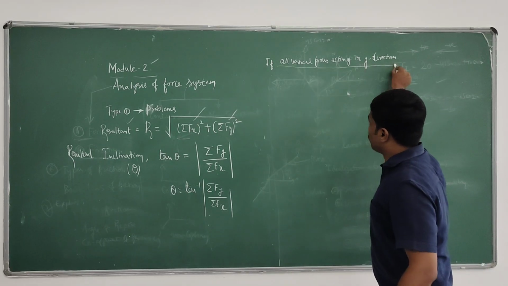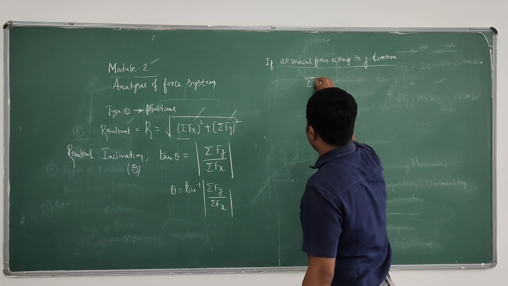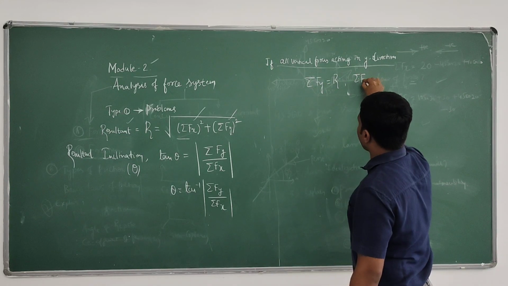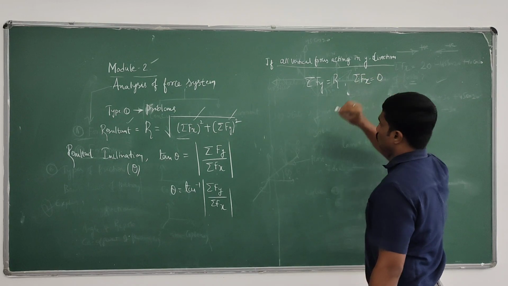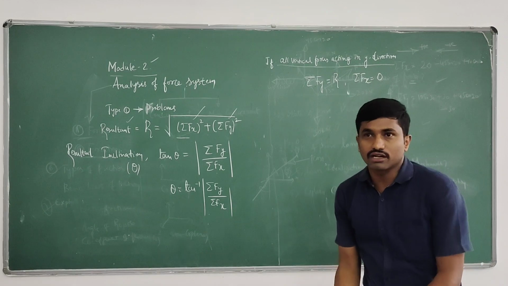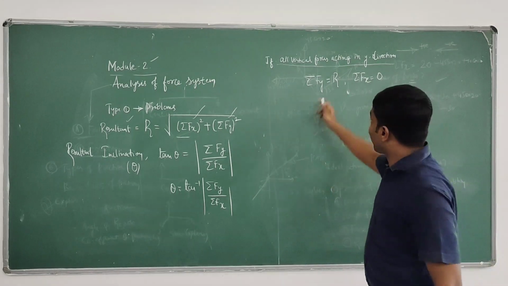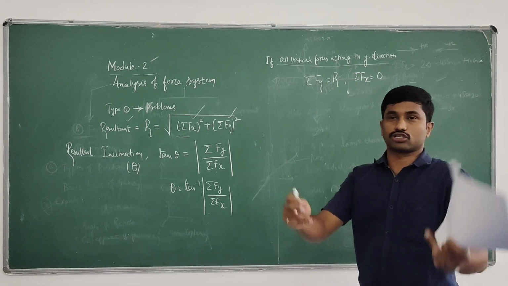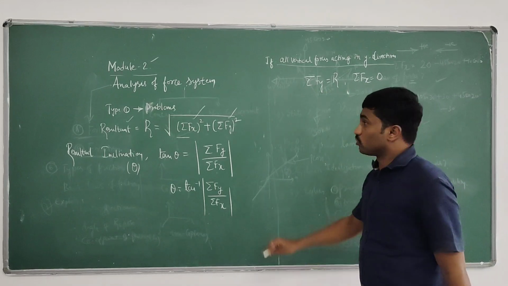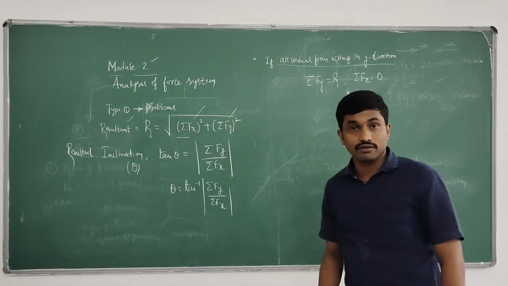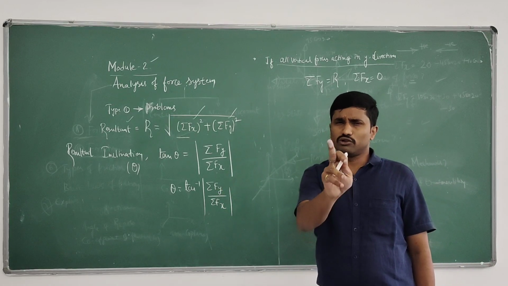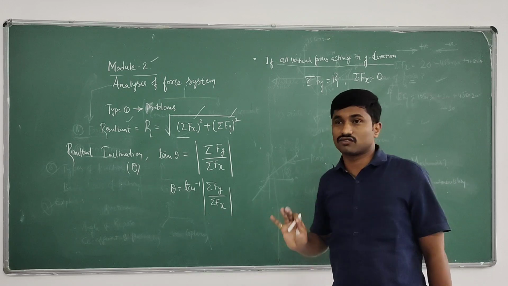This statement means sigma Fy is nothing but the resultant and sigma Fx equals 0. There are no horizontal forces. All vertical forces are acting in the y-axis or in the vertical direction. Therefore, sigma Fy equals R, sigma Fx equals 0. This is the first condition. With respect to this condition, you may expect a few questions in the examination. Only one question in the examination for 6 marks.